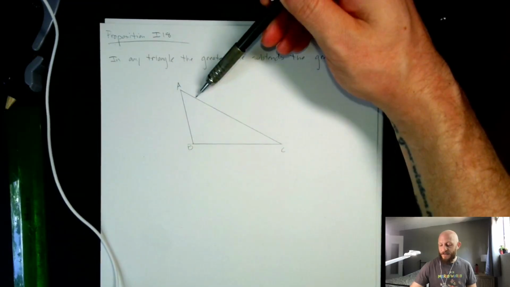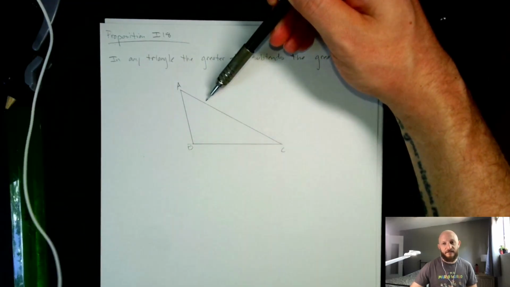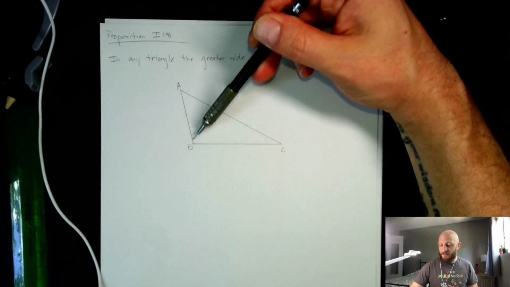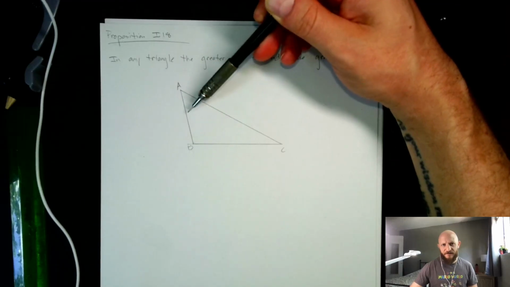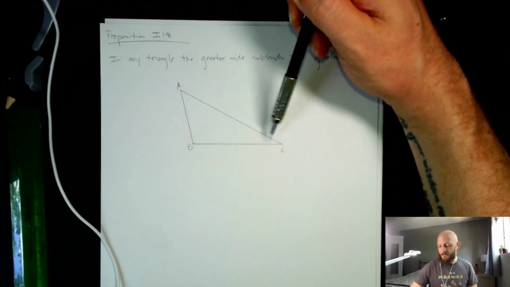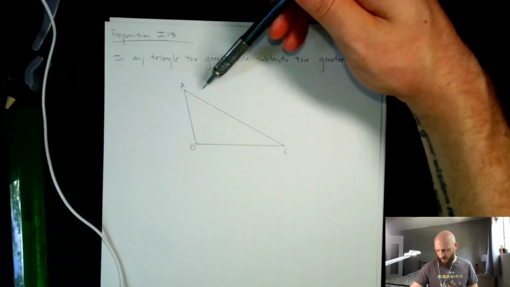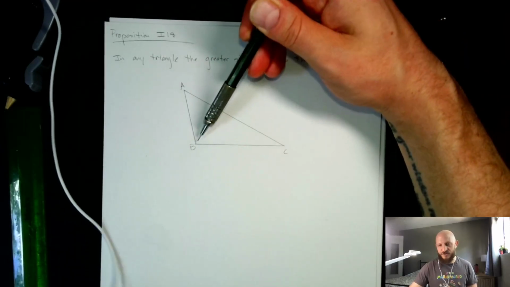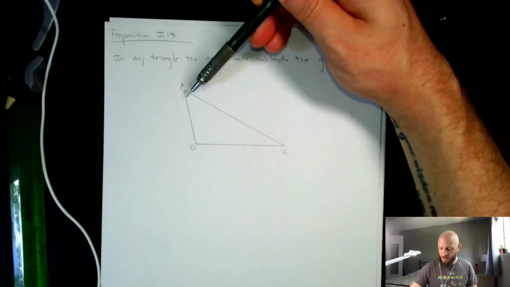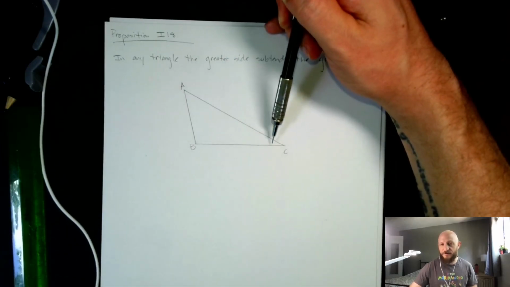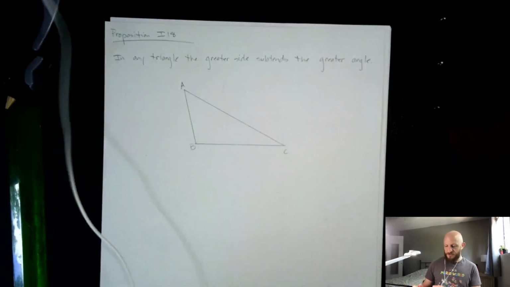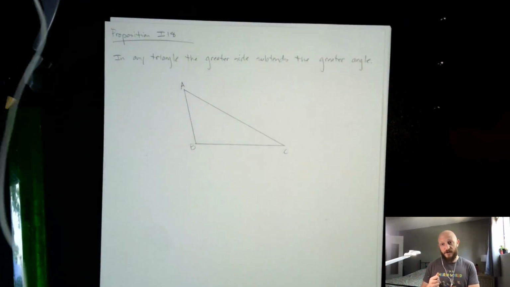The claim is that since AC is longer, the angle that is opposite AC, which is angle B, will be larger than the angle which is opposite AB, which is C. So the larger side is opposite the larger angle.